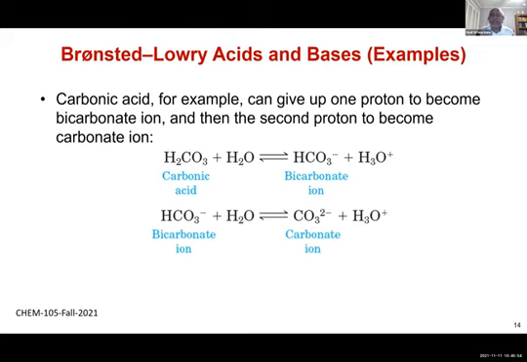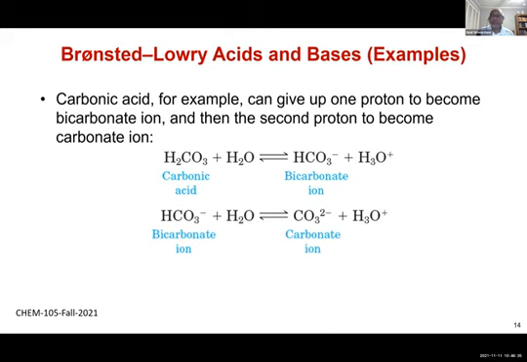Therefore, in a solution of carbon dioxide in water, mainly bicarbonate ions are present, and only very little carbonate ion, because two equilibrium reactions are involved. The first one is about 4 percent, and the second is even less than 0.001, so only a small amount of the second equilibrium participates.